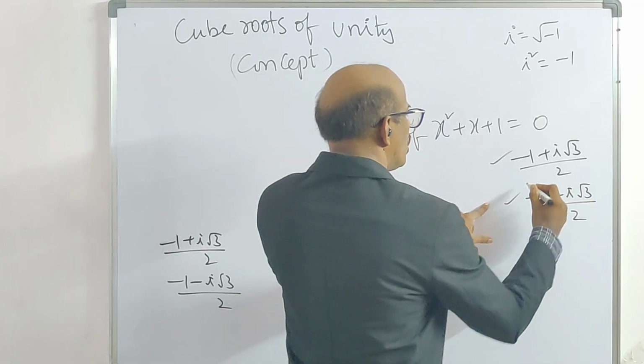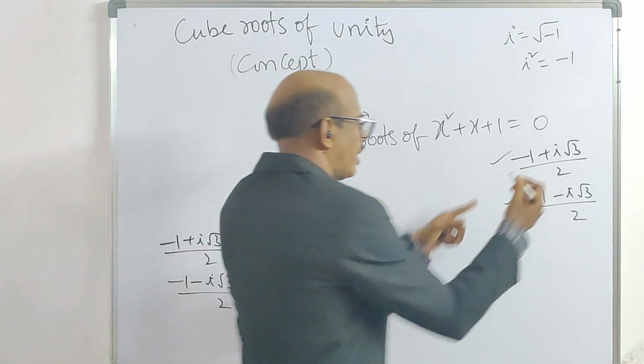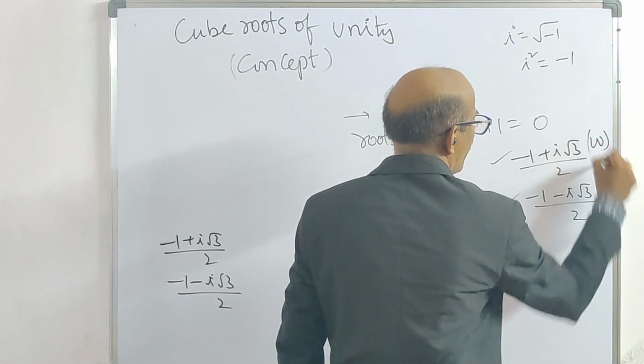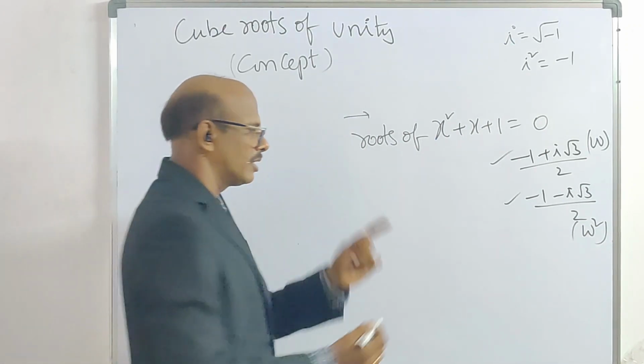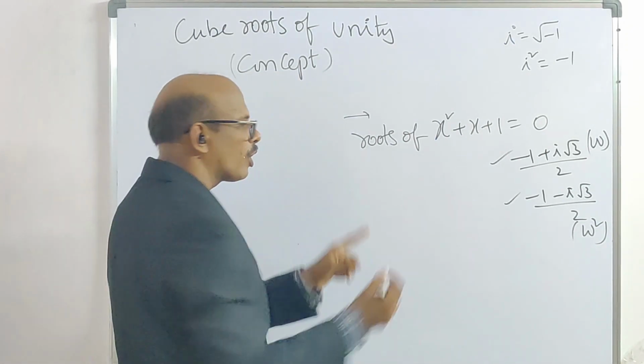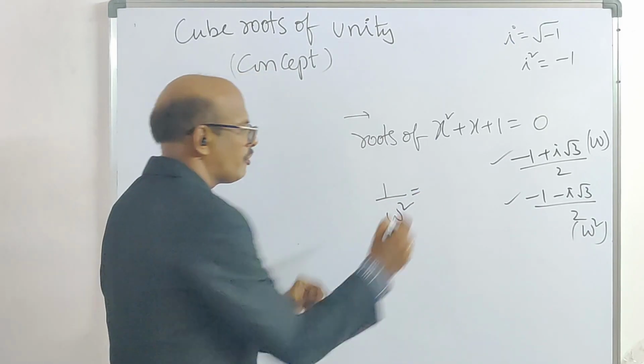You understood? So here the great experts represented this as omega and this as omega square. One special connection: one is the reciprocal of the other.